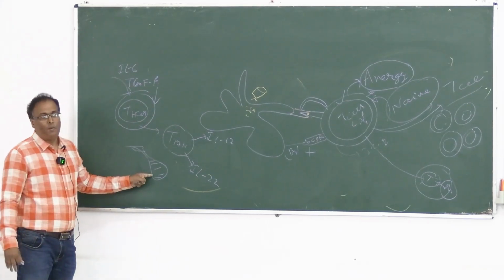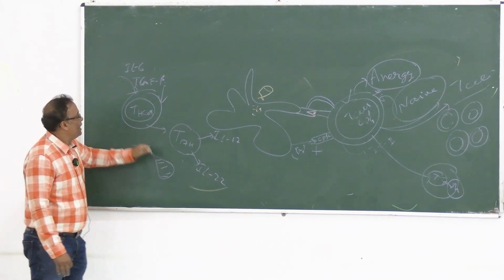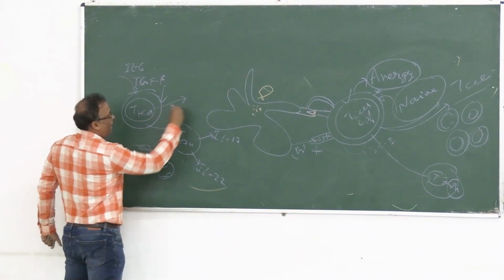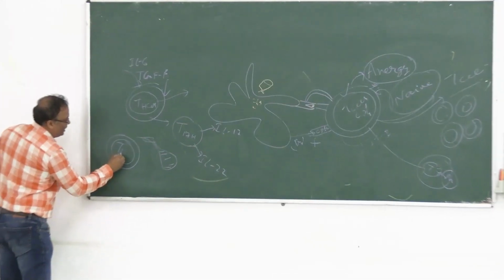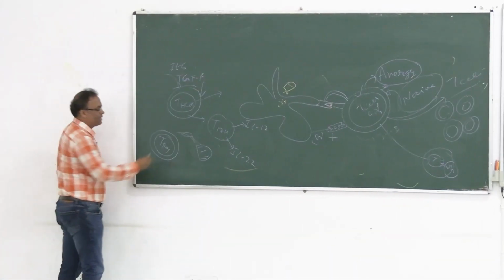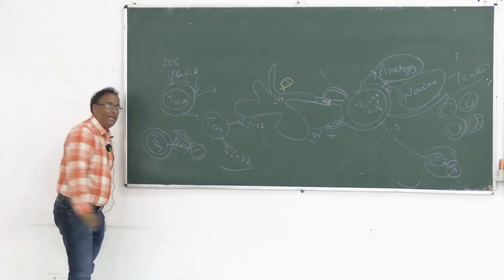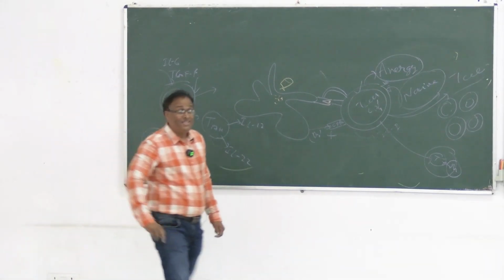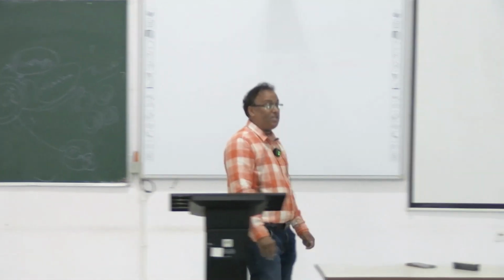So if it is expelled, then you have to decrease this level. How? The regulatory cell says from here, brother, stop. Treg releases interleukin 10. Interleukin 10 inhibits the macrophages, it inhibits the immune system, it inhibits the inflammation.